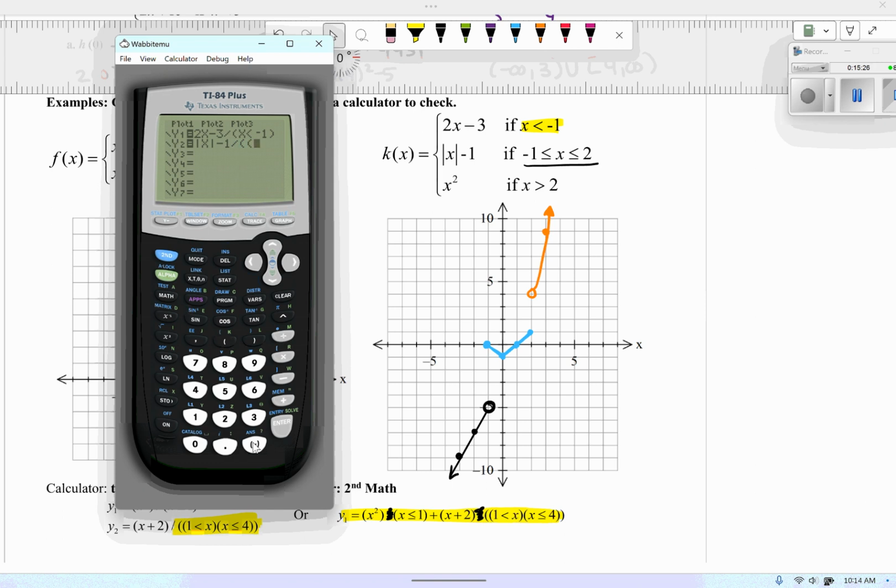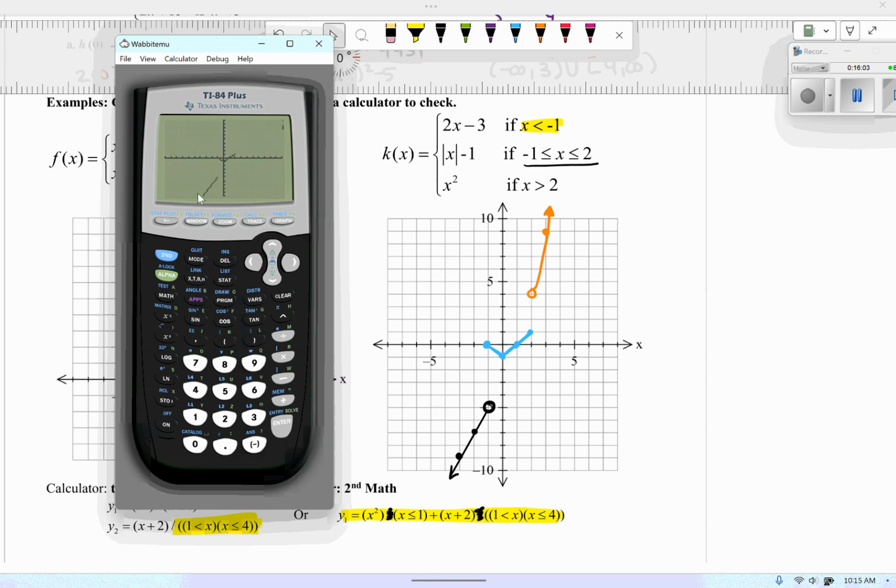So you have to do that separately, remember. And don't forget to do the double parentheses, and then we have x squared, and that's for x values greater than 2. And if I hit graph, it should work.